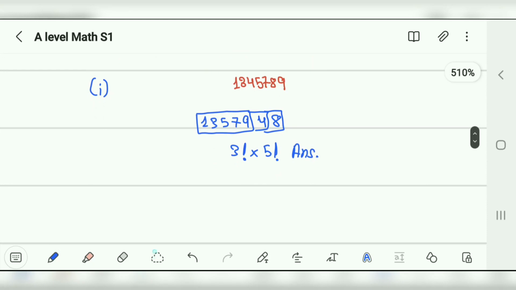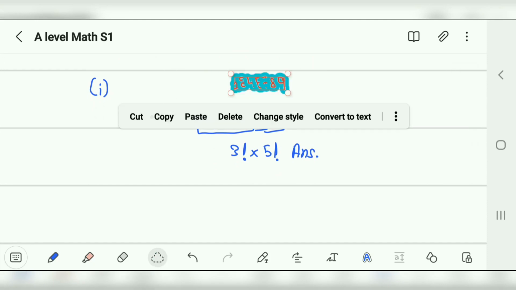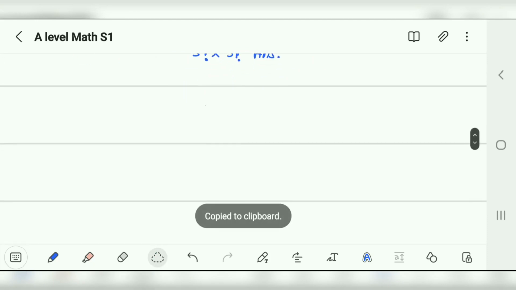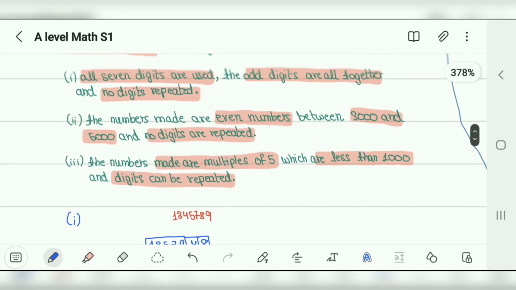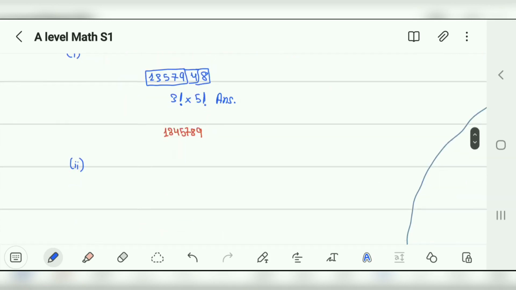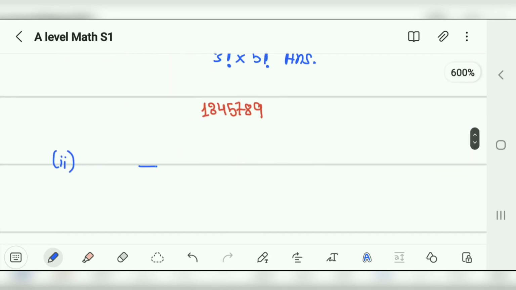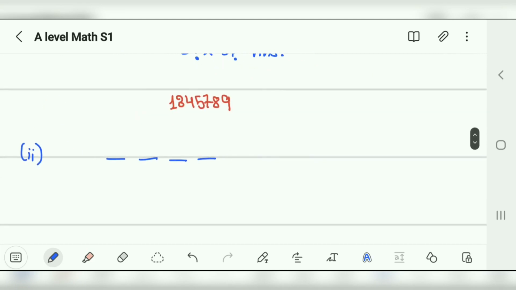Okay, now moving to part 2. It says the numbers made are even numbers between 3000 and 5000 and no digits are repeated. So between 3000 and 5000, which means 4 digits. It must also be an even number.